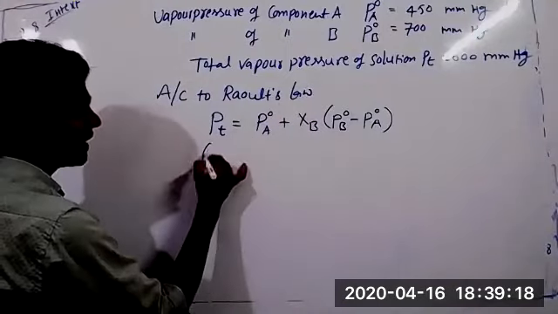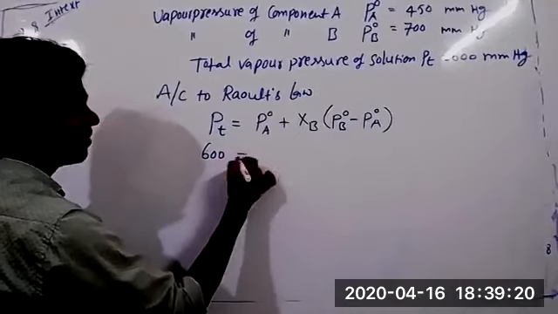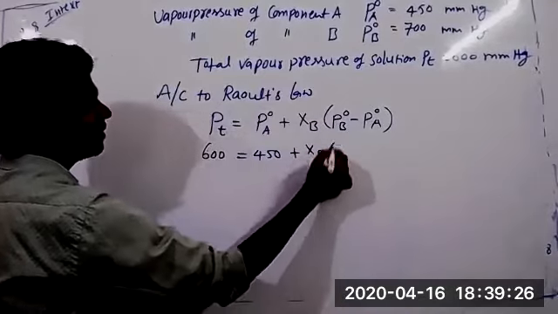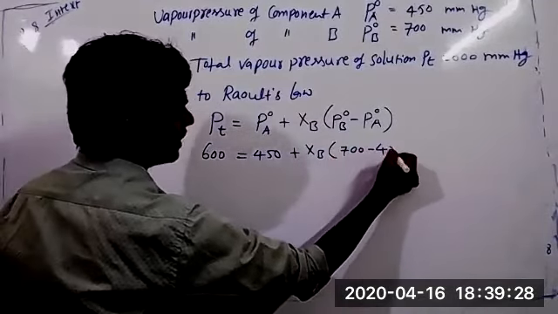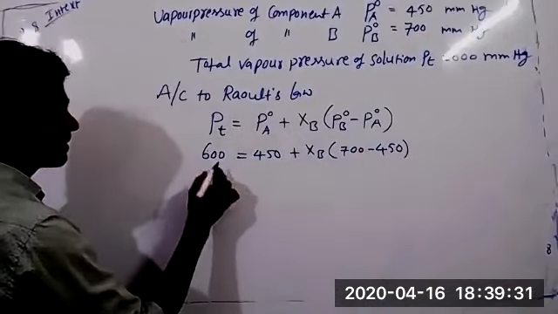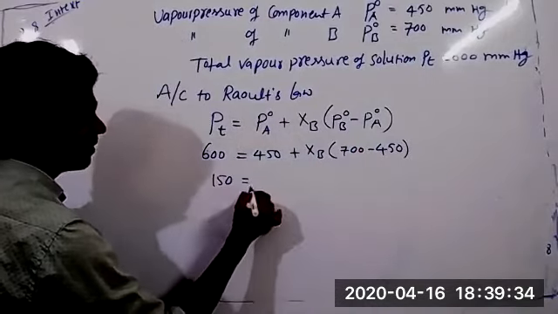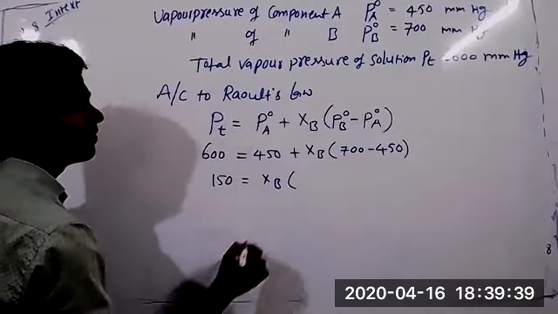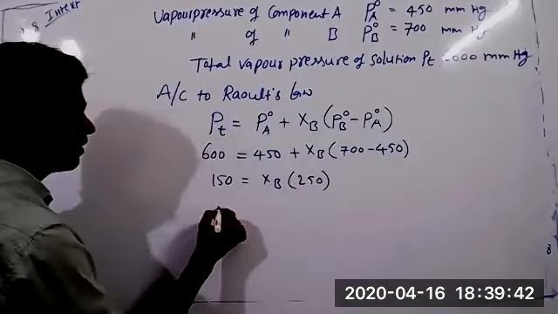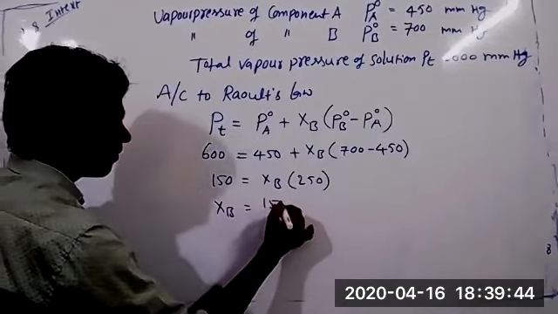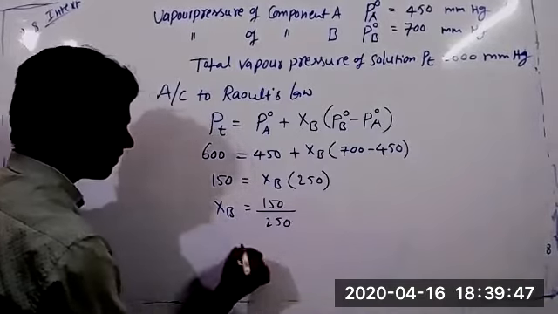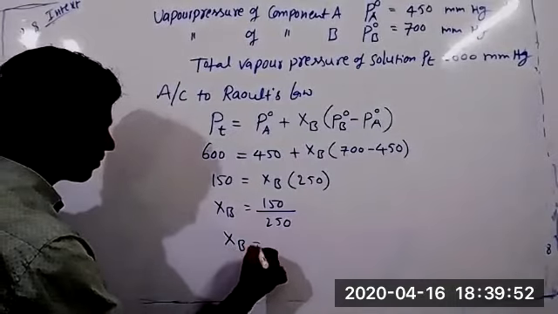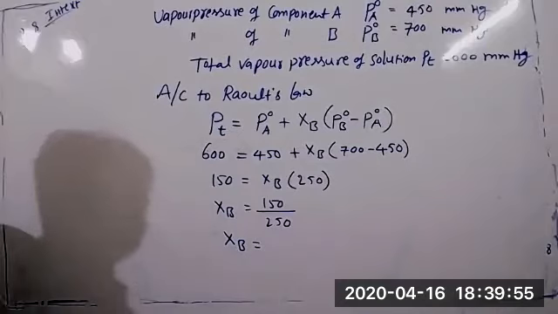P total is equal to 600, equal to PA power 0, which is 450, plus XB into 700 minus 450. Take this, 150. XB is equal to 150 divided by 250, the mole fraction of component B, 3 by 5, 0.6.